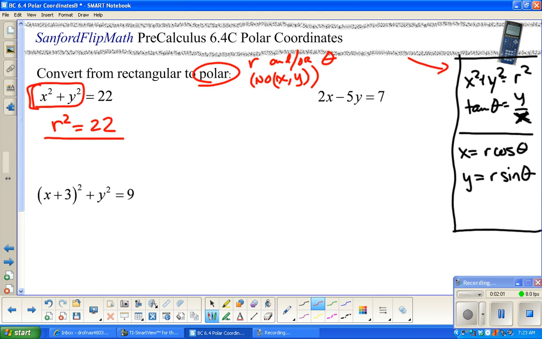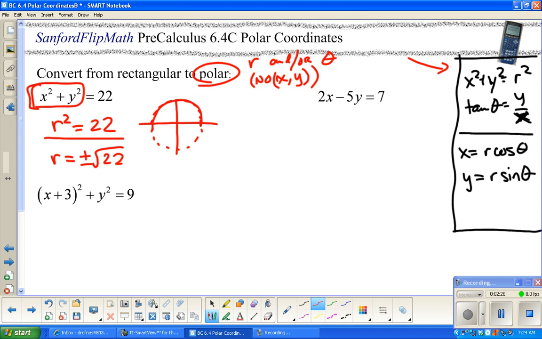I would say that most of the time you won't see it that way. We would take the square root of both sides, and technically this would mean square root of 22, positive or negative. But if I think about how this is going to look, if I go out positive square root of 22, which is 4 point something, I could have any angle, and that's what this really means.